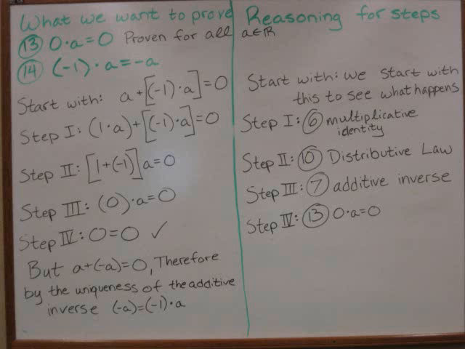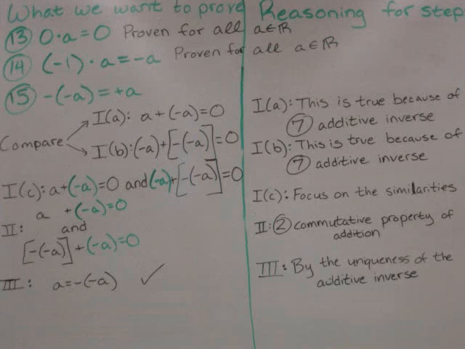That equals 0 because of the additive inverse. So we get 0 times a equals 0. Since we just proved that that is true, we know that a plus negative 1 times a equals 0. So, because of the uniqueness of the additive inverse, we know that negative a is going to equal negative 1 times a.